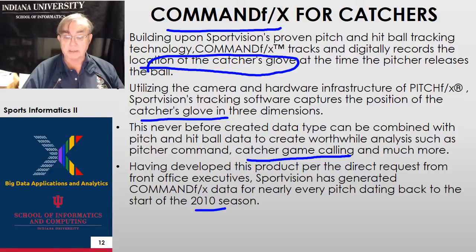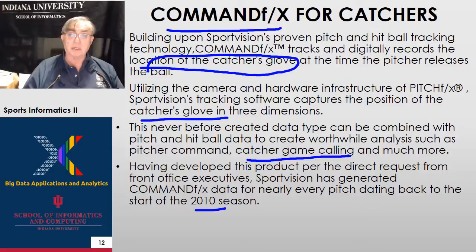Every catch since 2010, they already had this data on tape, or however they stored it, that digital video, and they just went back and calculated all this information, allowing you to now do a complete analysis of pitcher, batter, and catcher from this basic pitching data, originally designed for pitching.